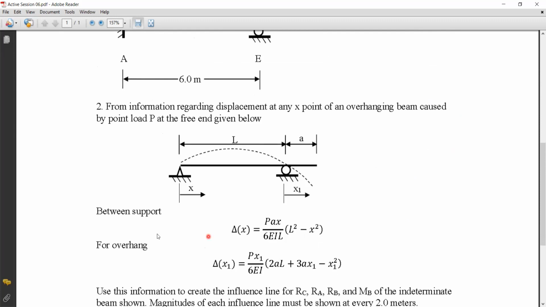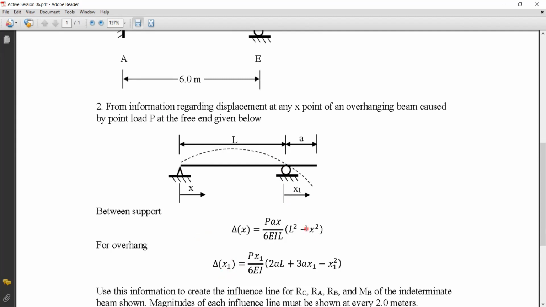Here, from information regarding displacement at any x point of an overhanging beam, at any x point, I give the deflected shape. So you must know that if you want to calculate deflection between the two supports, you need to use the first formula, and the second formula is for x1. Use the given information.